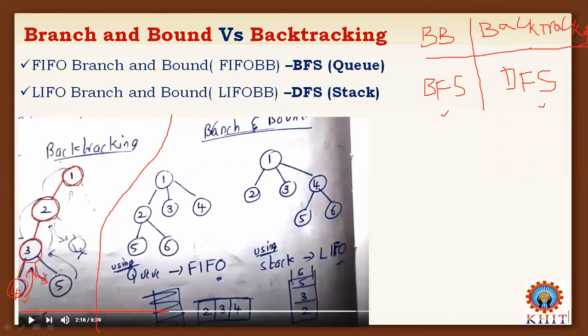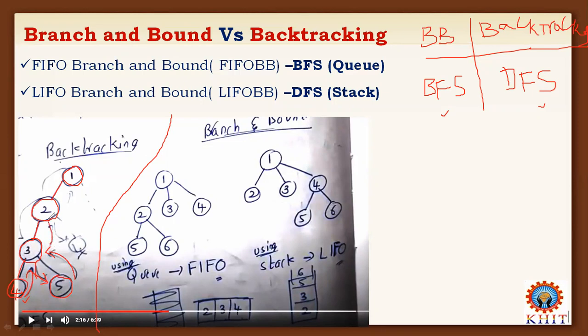Then you check whether you get the solution or not. If you do not get the solution for node 5, again apply backtracking and go back to node 3, since you will not get the solution for the child nodes 4 and 5 of node 3.